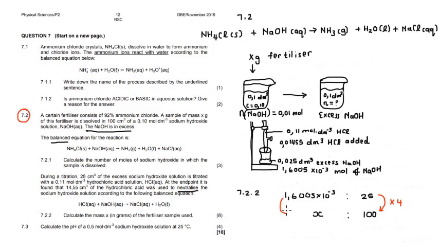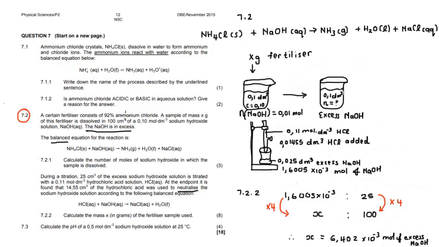So it means that in order for us to find out what this x is, we need to times this number of moles by 4 as well. If you work that out in the calculator, you'll get that therefore x is equal to 6.402 times 10 to the minus 3 moles of excess sodium hydroxide.